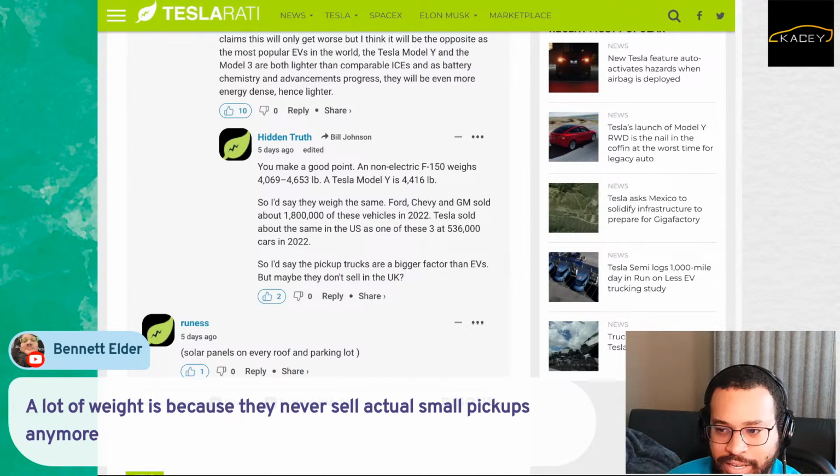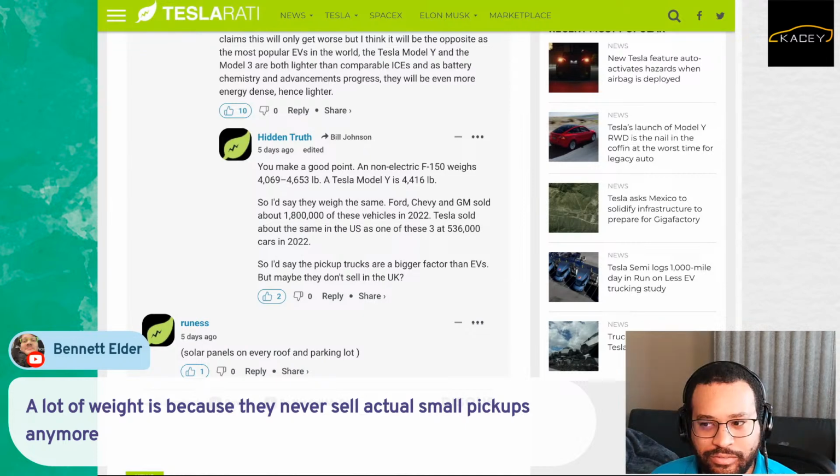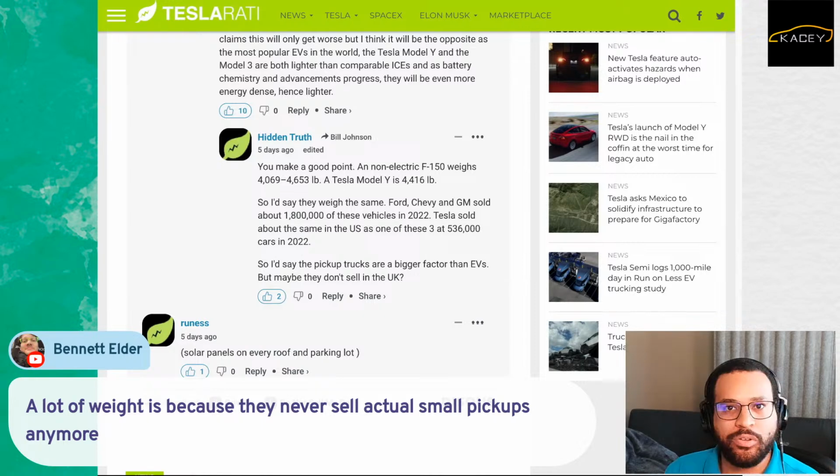Yeah, and as we talked about recently, that's not that they can't. It's because they are choosing to skirt the rules as much as they can. So rather than make a small pickup truck that actually meets emissions, they just make the truck bigger and bigger and bigger. And now the time has come for them to actually meet the targets they promised 30 years ago. So they have to hybridize them, they have to electrify them.